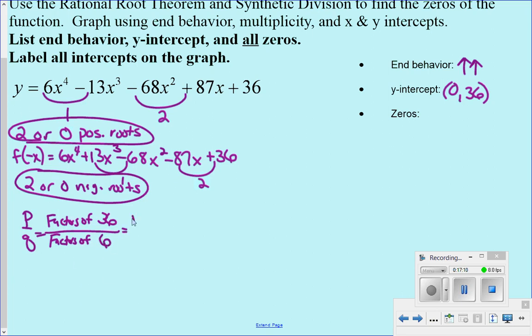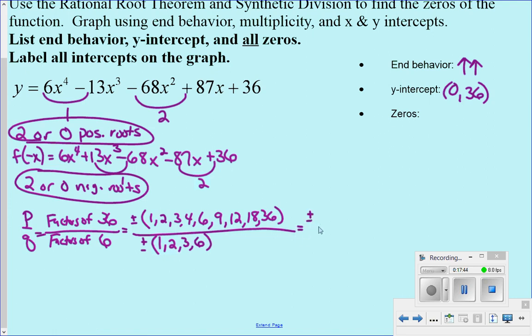So we're getting plus or minus 1, 2, 3, 4, 6, 9, 12, 18, and 36, over plus or minus 1, 2, 3, and 6.